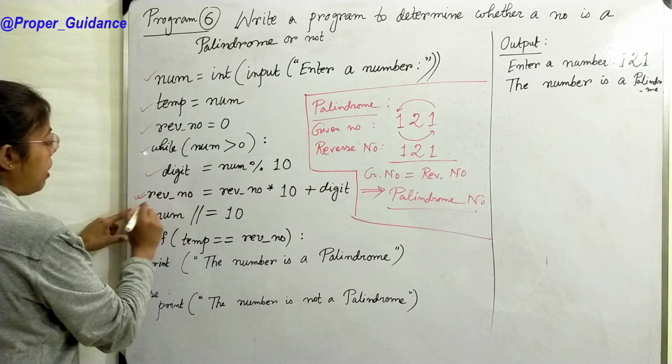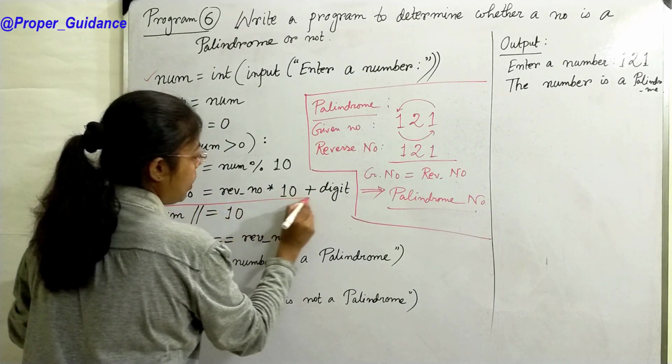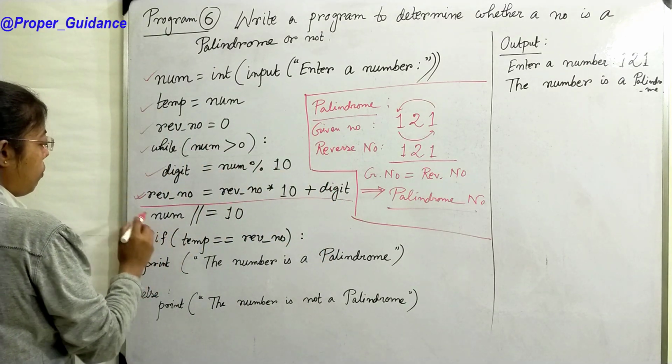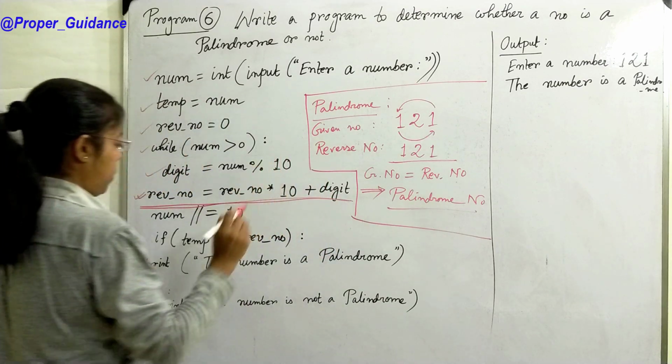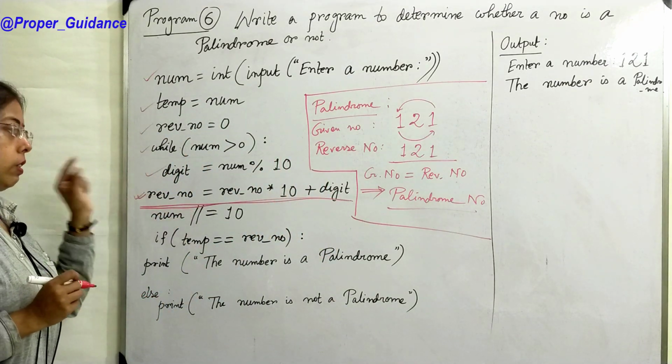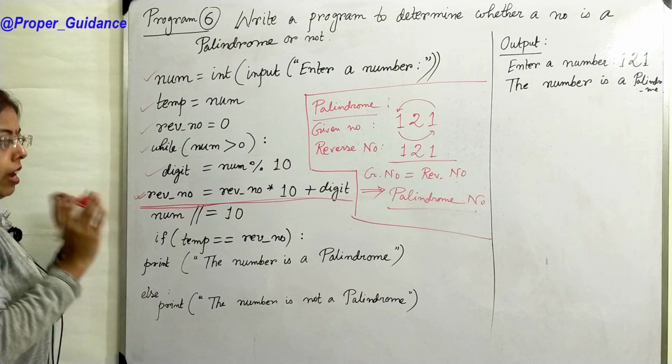This is the main line. This is the actual line which will give you the reverse of the given number. I underline it properly. This is a very, very important line.